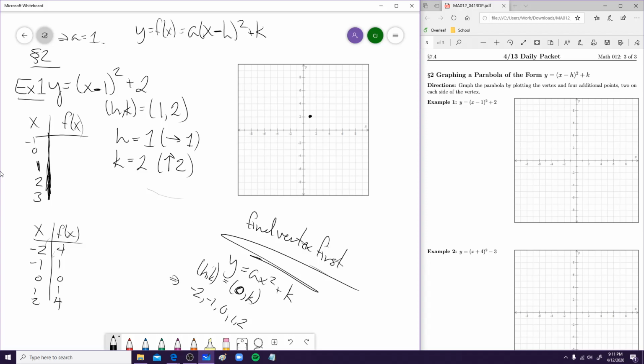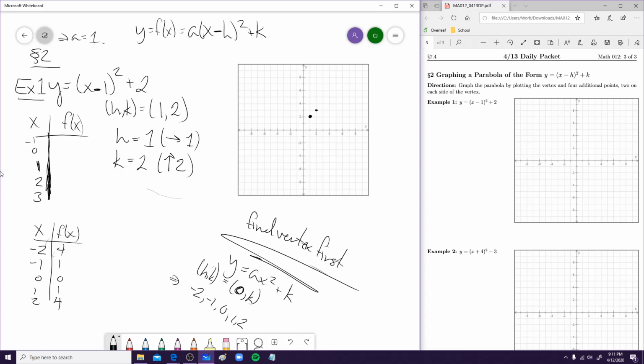So we can start with the vertex, and I'll show you that this vertex is correct because we're going to go to the right 1 and up 2. So we do end up at (1, 2). And then we can just go to the left. So if I have (1, 1), I'm going to go up 2 and over 1.